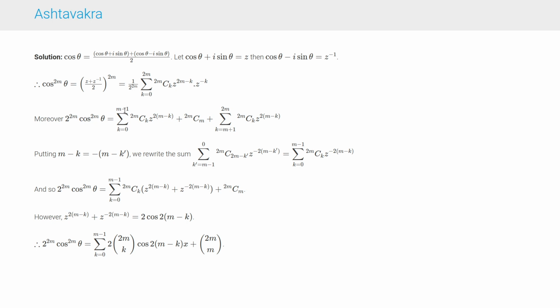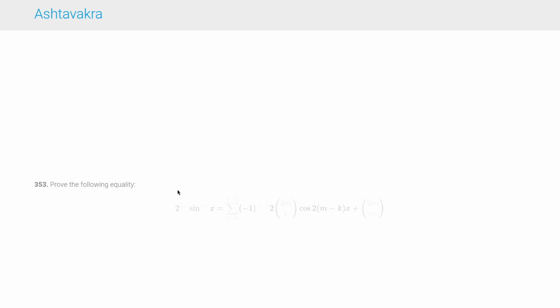But from this formula over here, we have z to the power 2m minus k plus z to the power minus (2m minus k) is equal to 2 cos (2m minus k) theta, which means 2 to the power 2m cos to the power 2m theta is equal to sigma k is equal to 0 to m minus 1 2m choose k cos (2m minus k)x plus 2m choose m.